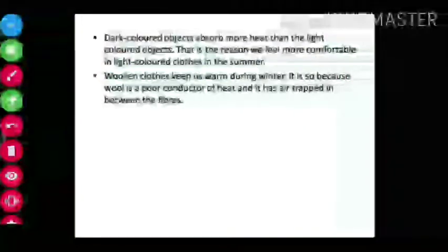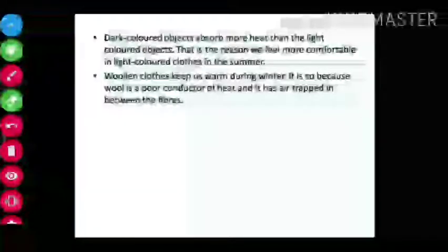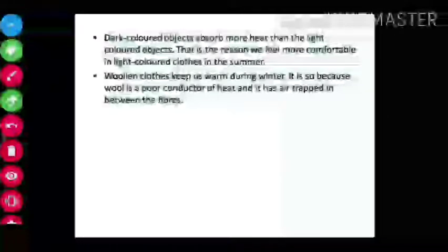The last thing is that in summer and winter we wear different types of clothes. In summer we wear loose clothes and light colored clothes. In winter we wear dark colored clothes, and winter wear is thick. Dark colored objects absorb more heat than light colored objects.